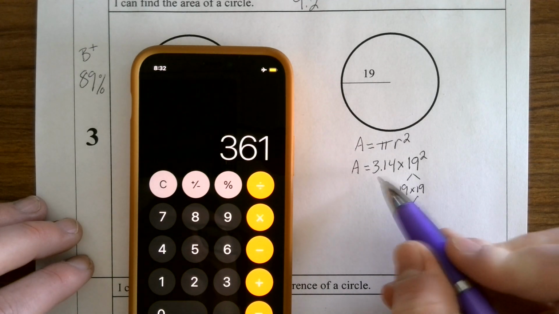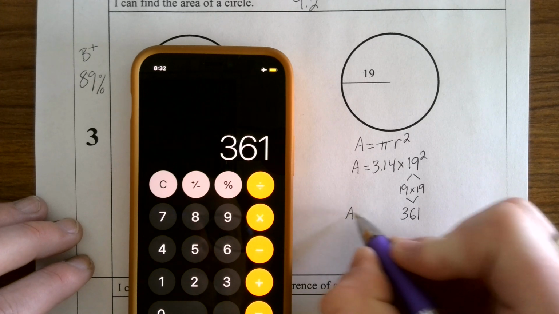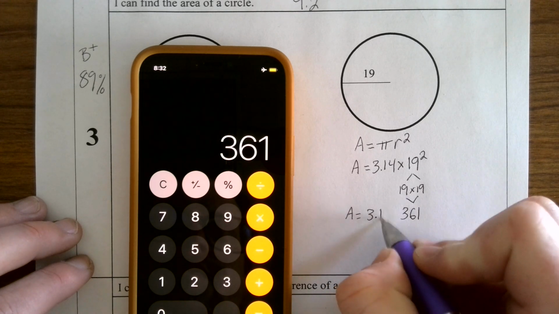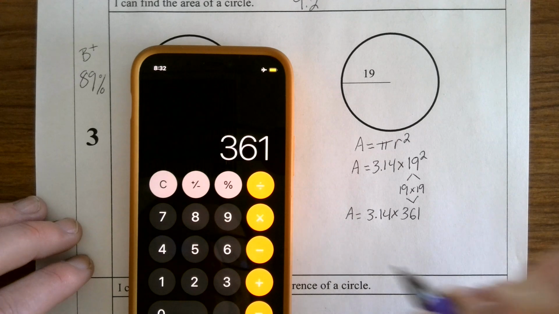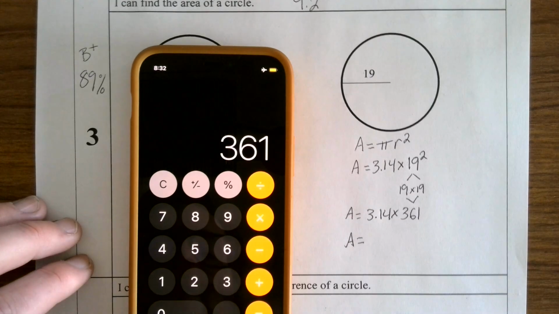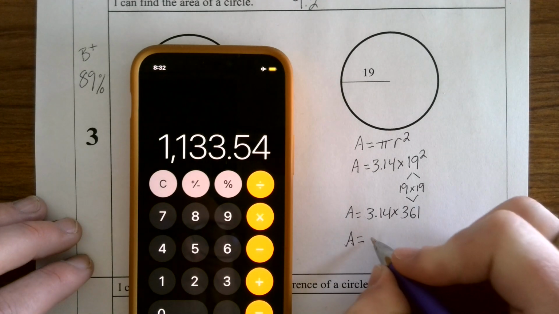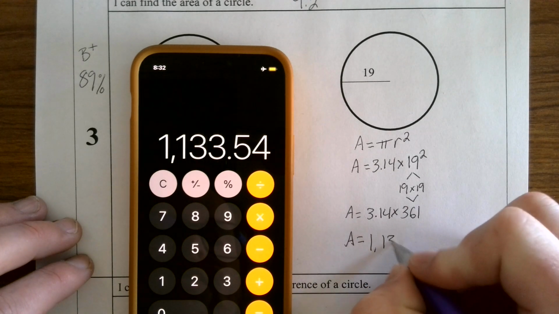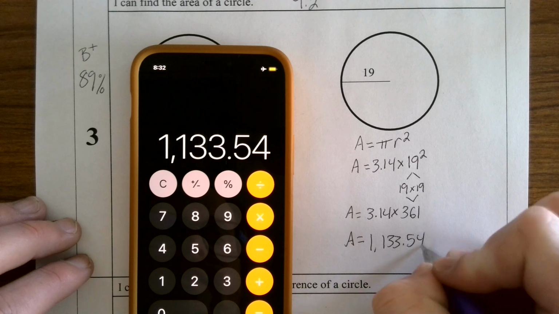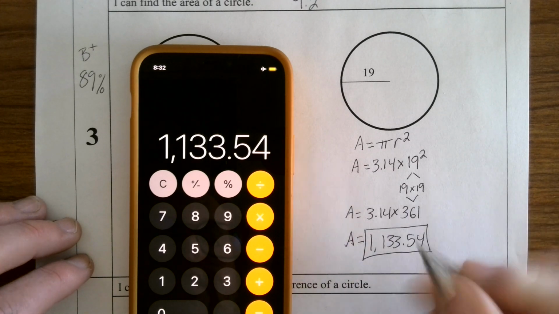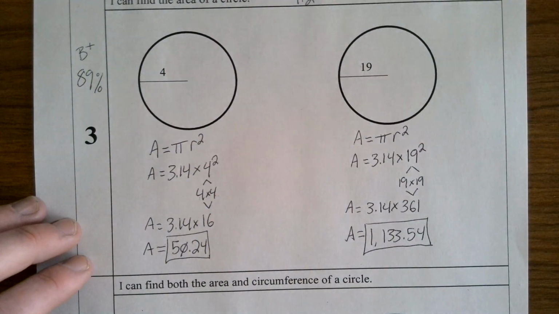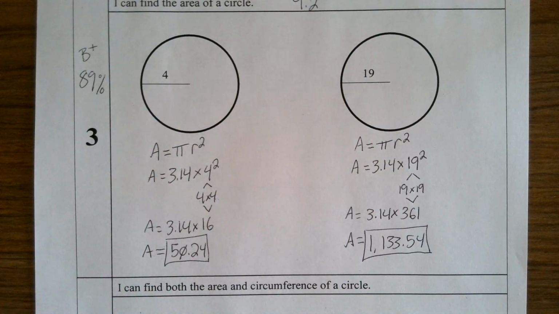We still haven't multiplied that by pi yet, so we need to do that. 3.14 times 361. We get 1,133.54 is our area. It's a pretty big area. We also have a pretty big radius. All right, so that is level 3.